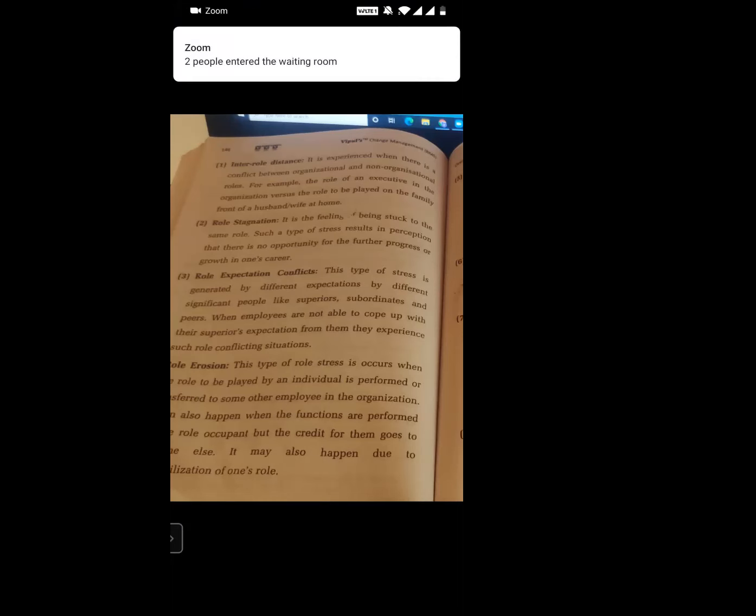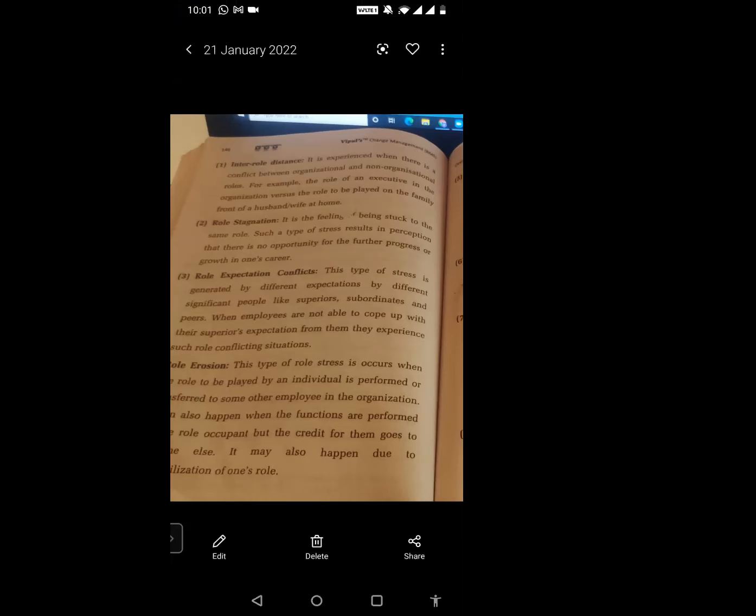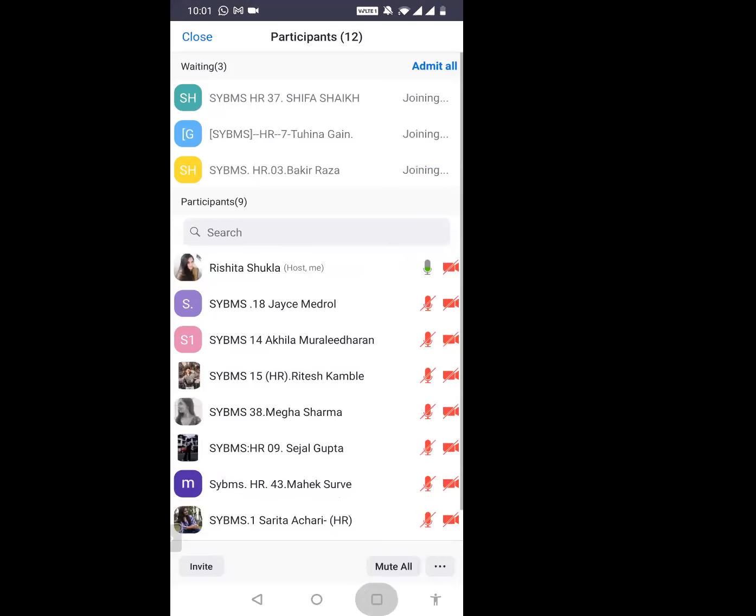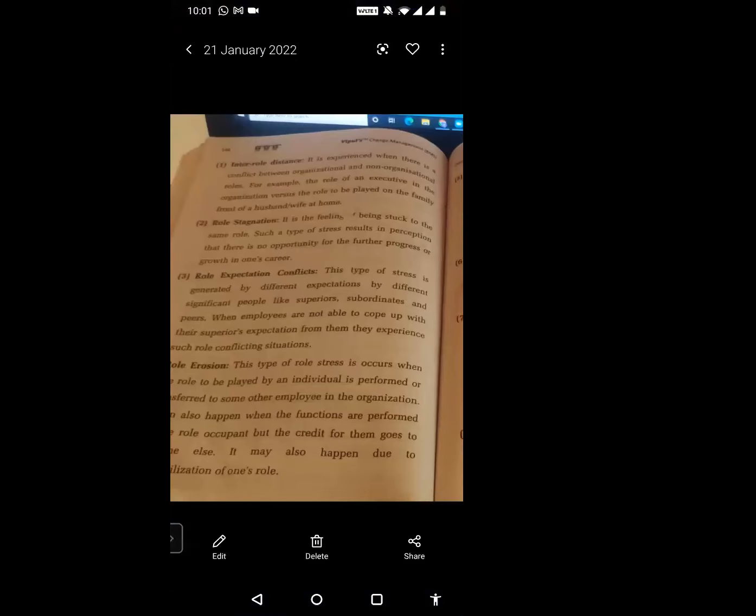For example, you are a marketing manager and your presence is required during the new product launch, and on the same day is your son's birthday party. So over here there is a role conflict: organizational role on one hand, and non-organizational role on the other.